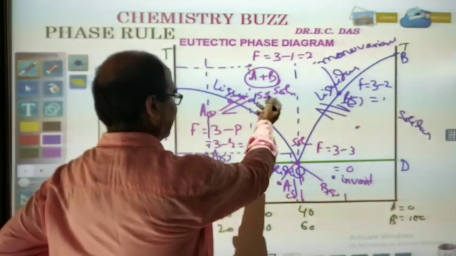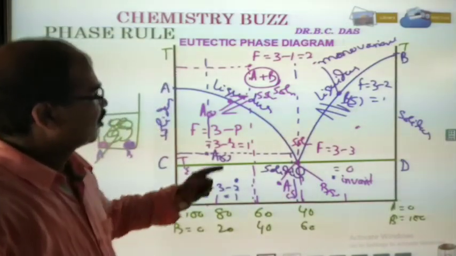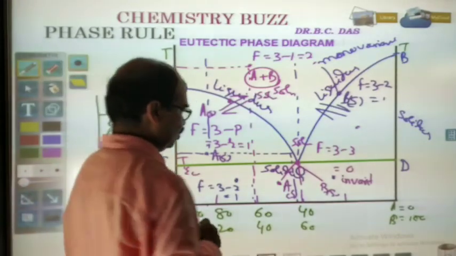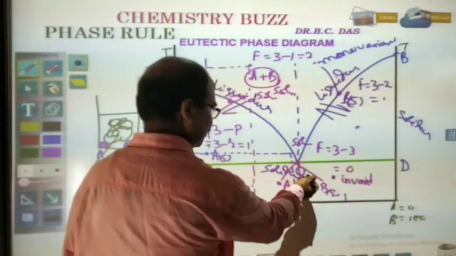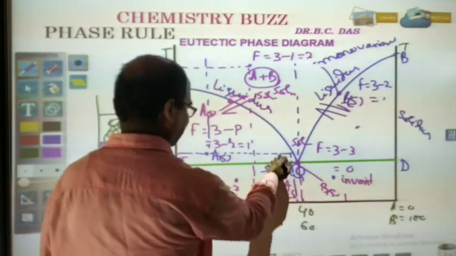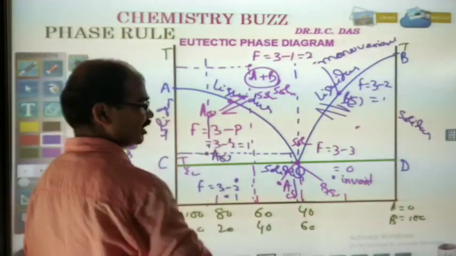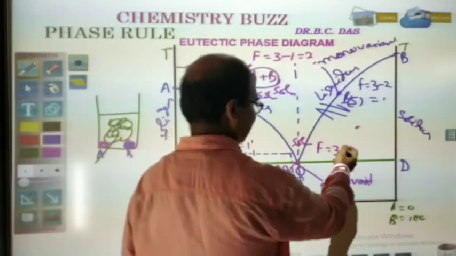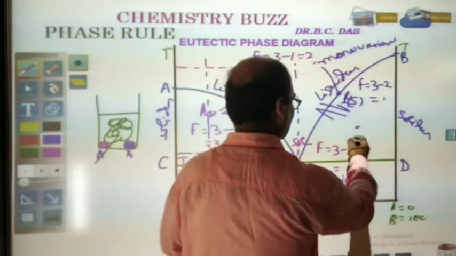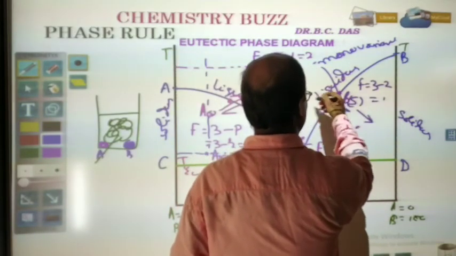So the degree of freedom is also defined, and this is very important from an industrial point of view. The eutectic is the easy melting mixture or easy freezing mixture. Before the eutectic, on the left side, you are getting pure A in the solid state in the solution, and after this composition we are getting pure solid B in the solution of the mixture.